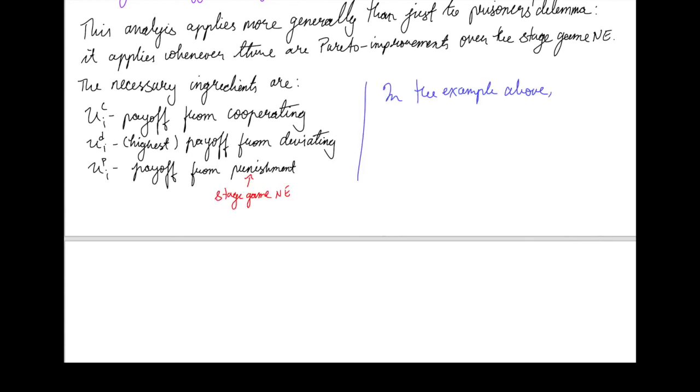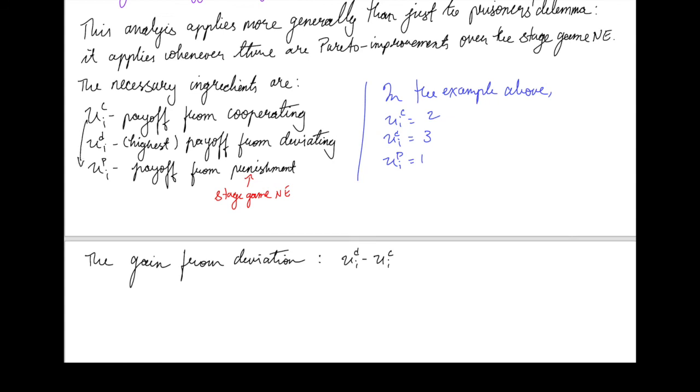So in our example, u_i(C) was 2, u_i(D), so the payoff you get from deviating from cooperation, was 3, and the punishment payoff was the stage game Nash equilibrium payoff, which is 1. So the gain from deviation is the payoff you get from deviating minus the payoff you get from cooperating. That comes at a cost. The cost is that you're sacrificing future payoff, because the future payoff is going to drop from the cooperation payoff to the punishment payoff.